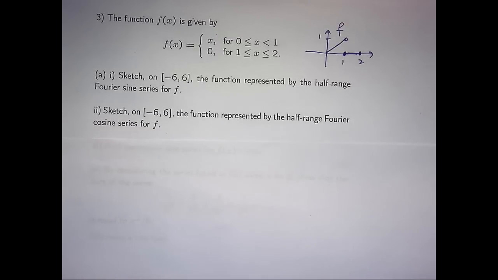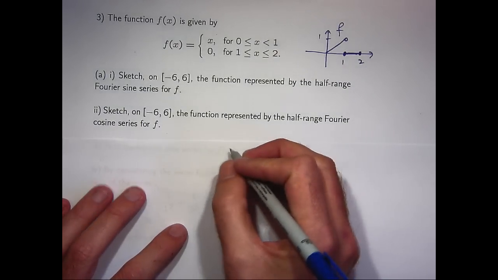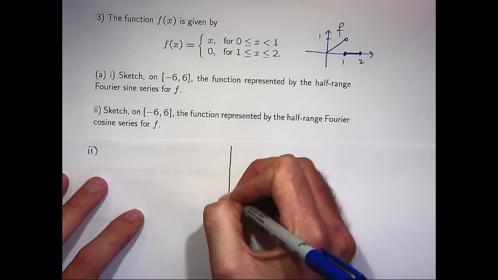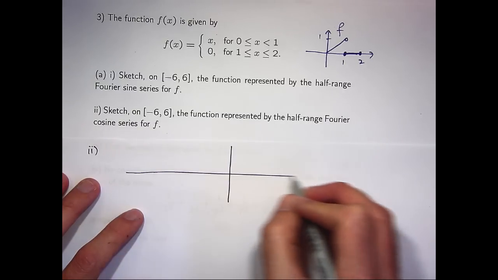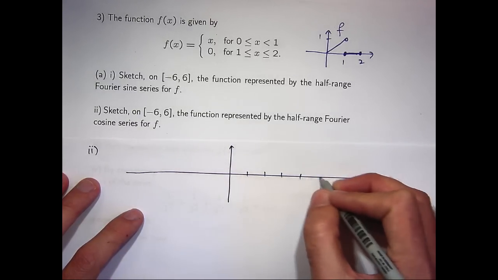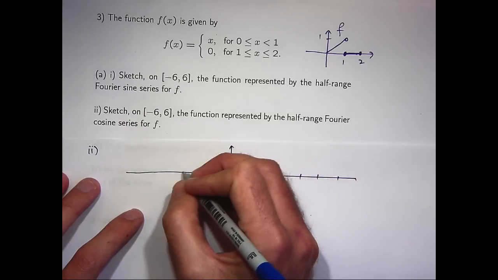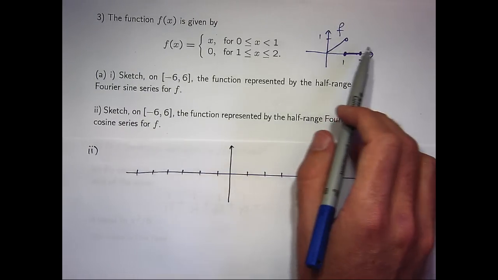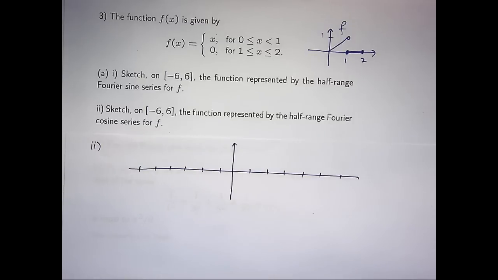Okay, so let's see if we can sketch the even periodic extension and call it, say, f sub e. Okay, so we start with this sketch. What we want to do is reflect everything in the vertical y-axis.